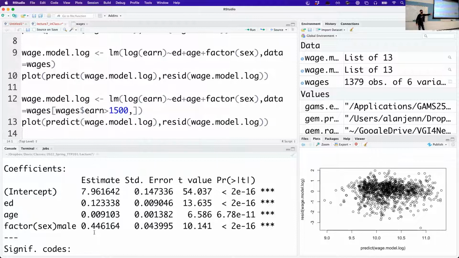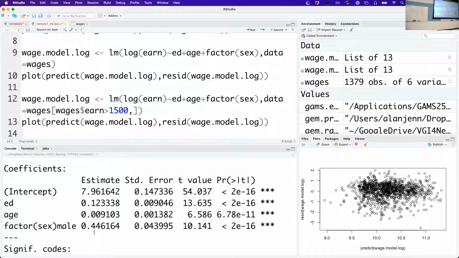As you interpret the model, you want to caveat everything and couch it in a proper interpretation based on all the things that you've done. This is no longer universally applying to this data set. It's only applying to everyone making more than $1,500 a year. Okay.